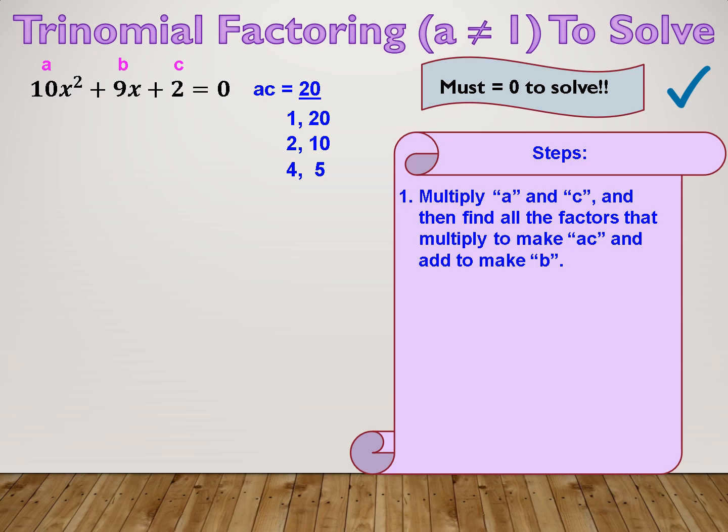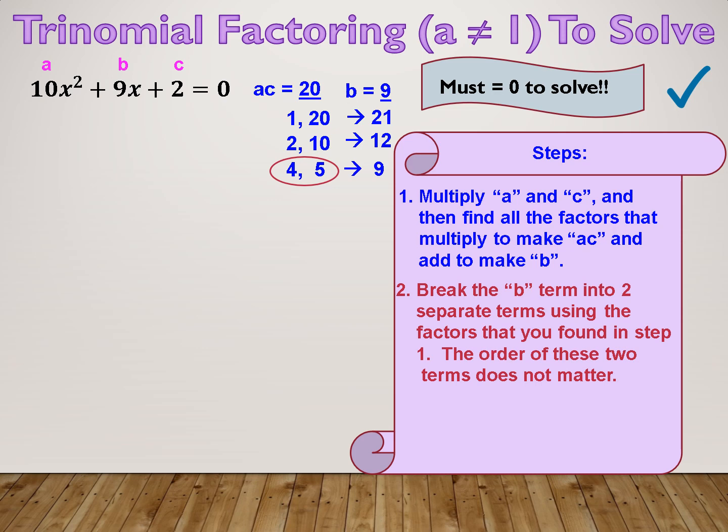Okay, so we know these all multiply to make positive 20. Now we're going to see which ones add to make 9. Well, 1 plus 20, that's 21. Not close. 2 plus 10, that's 12, getting closer. 4 plus 5 is 9. So that's the factor pair I'm going to use.